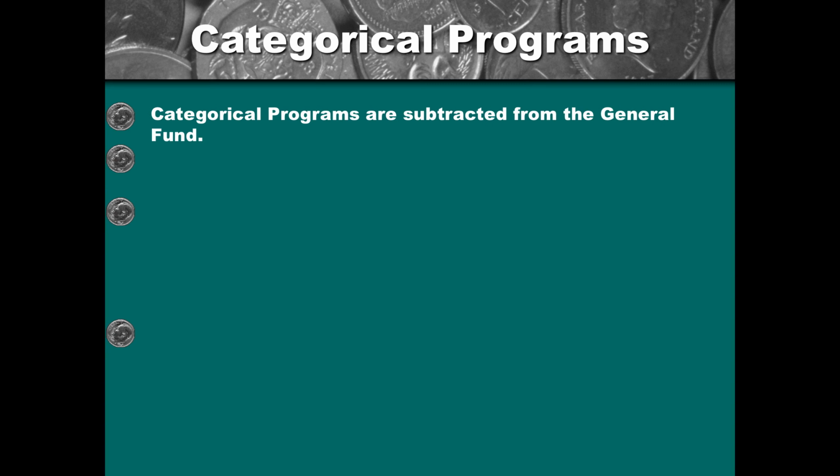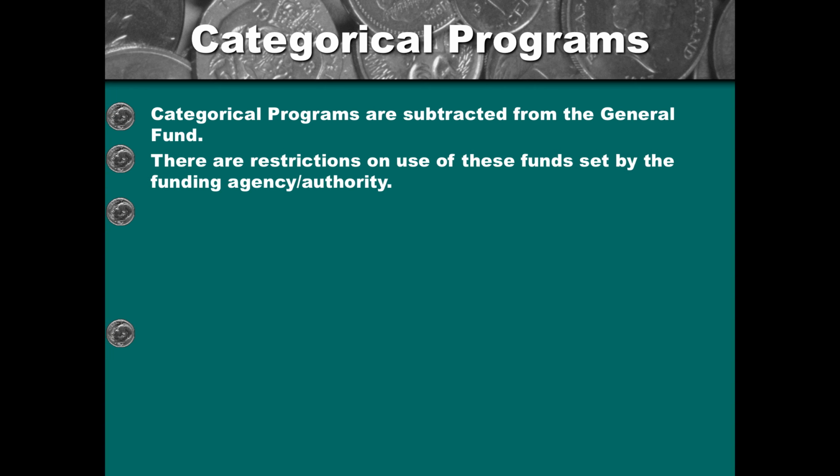There are also a series of categorical programs in most districts, and these programs are also subtracted from the general fund. Many of these programs have restrictions on these funds set by the different funding agency or authority. Many of these are federal grant programs.